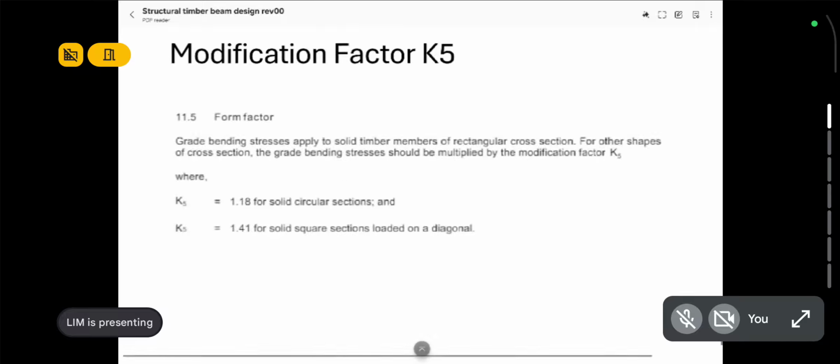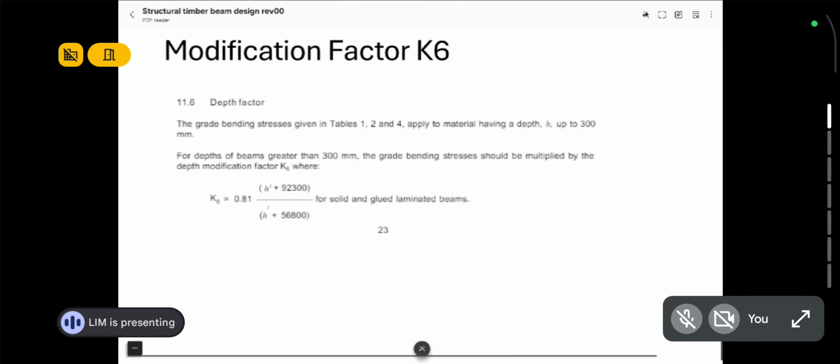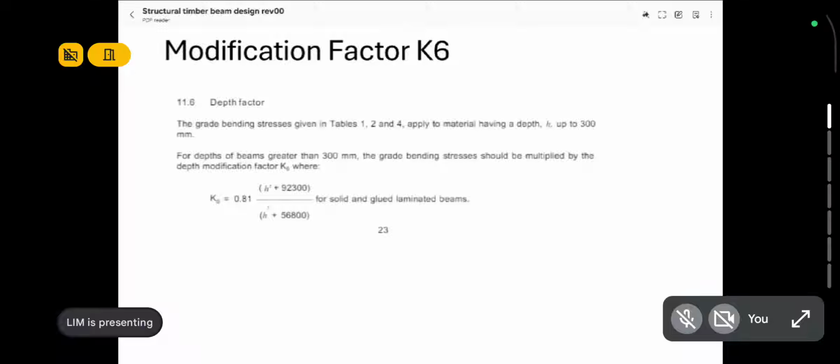And finally, we get to modification factor K6. K6 is to do with the depth, the height of the beam. If your beam is 300 millimeter or less, you basically use 1.